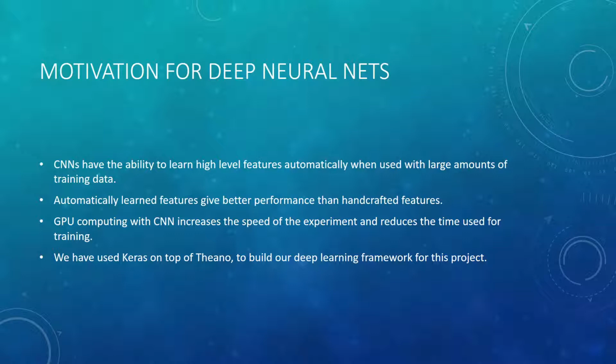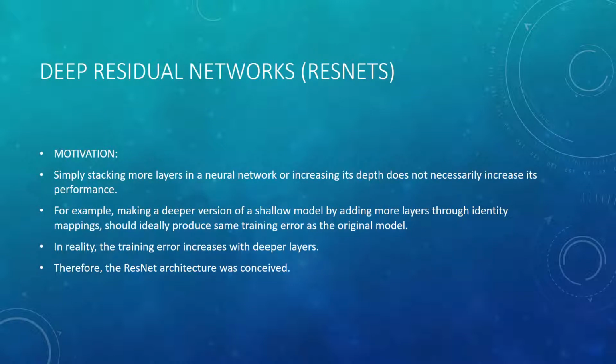So in this project, we have used the Keras API on top of Theano to build our deep neural network. The deep neural network that we have used is the deep residual network, or ResNet. This was the state-of-the-art neural network architecture as of May or June 2016.